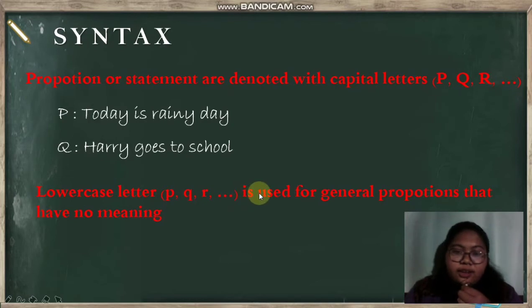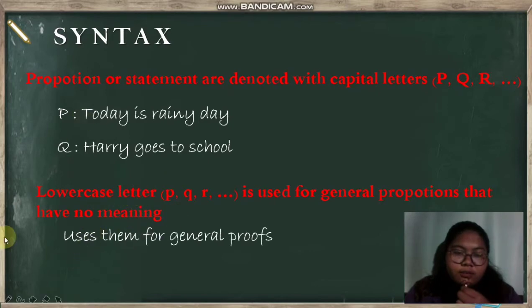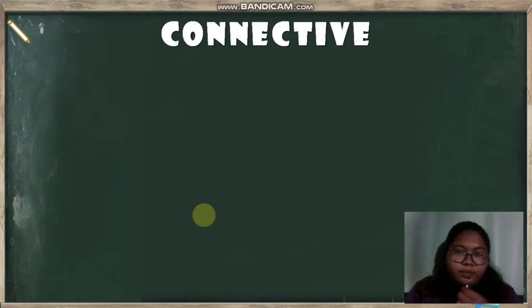For example, P: today is a rainy day, and Q: Harry goes to school. The lowercase letters like p, q, r, and the next are used for general propositions that have no specific meaning. So when we write capital P and Q, we need the translation, but when we use lowercase p, q, and r, we don't need the translation.